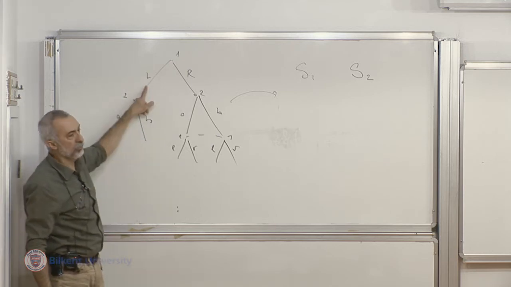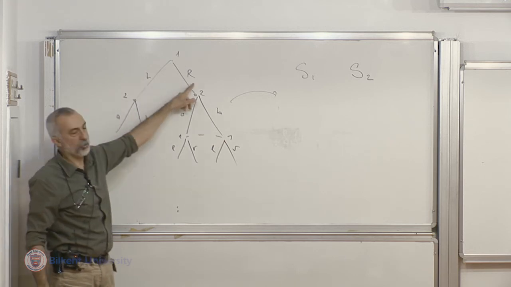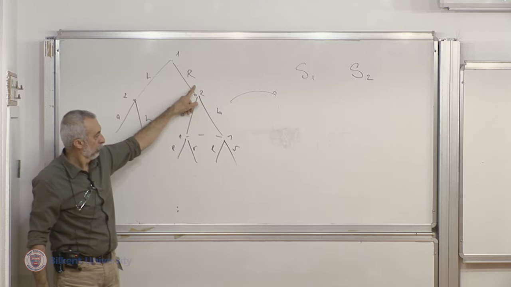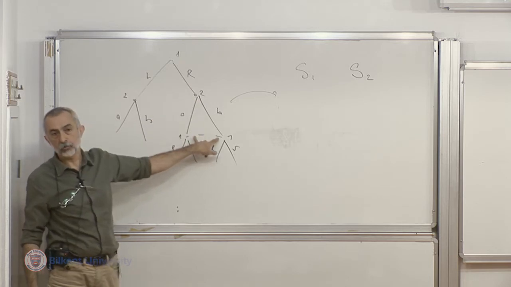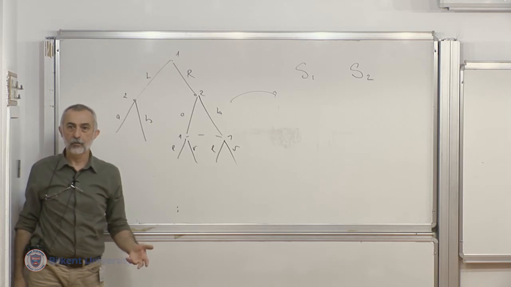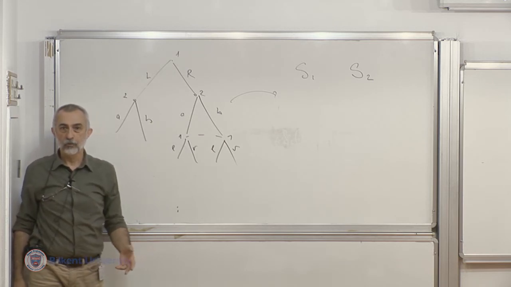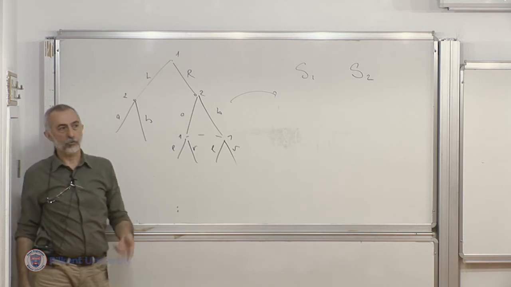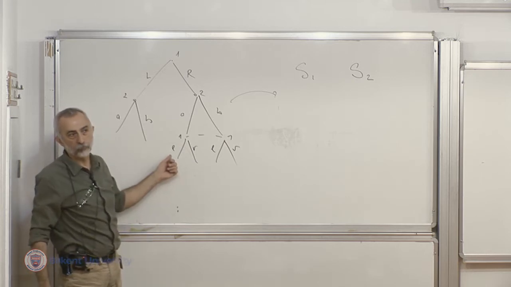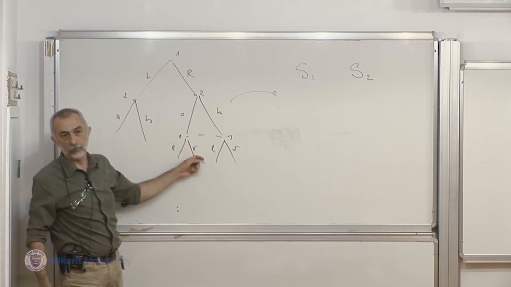If it's heads, I'll choose L. If it's tails, I'll choose R. And then if I come to this information set, I'll roll a die. If the number on top is less than or equal to 2, I'll choose L. Otherwise, I'll choose R.